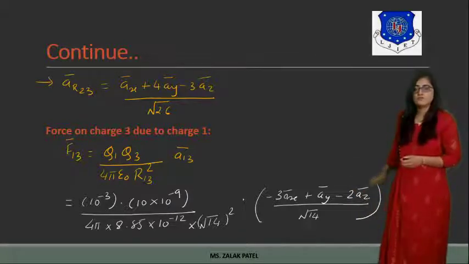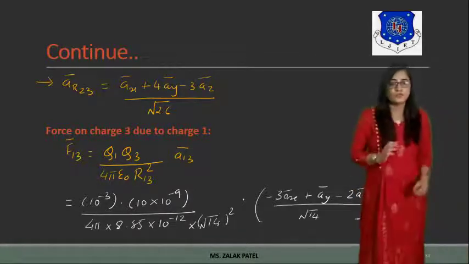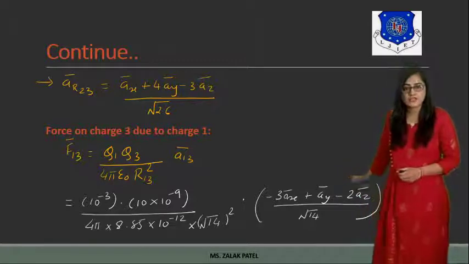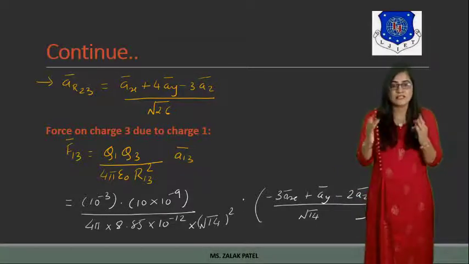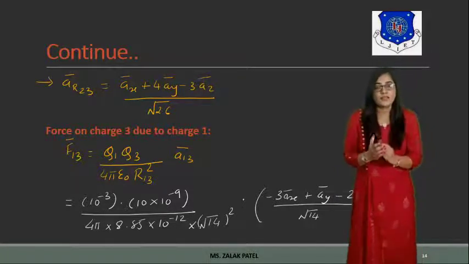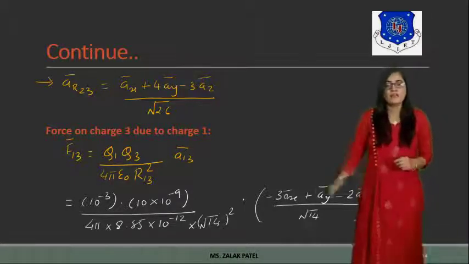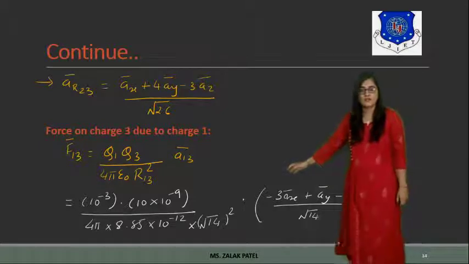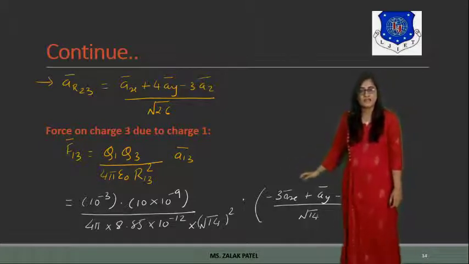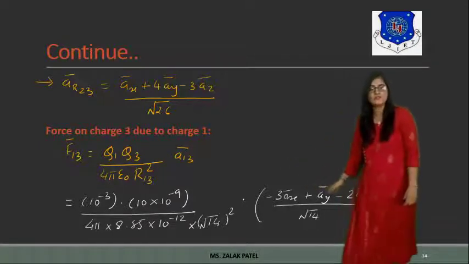Okay. If we simplify this equation, you first have to simplify the scalar term and then multiply it with the vector term. So it will be 10 raised to minus 3 into 10 raised to minus 9 upon 4 pi epsilon 0 into root 14 square into root 40.